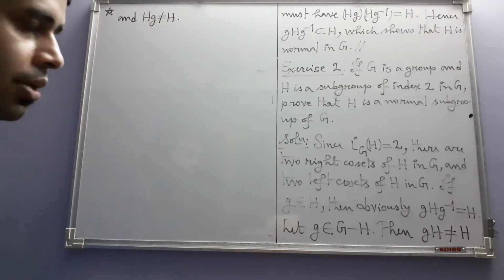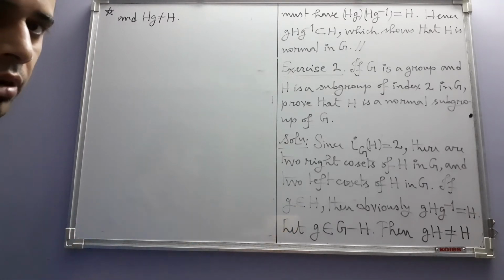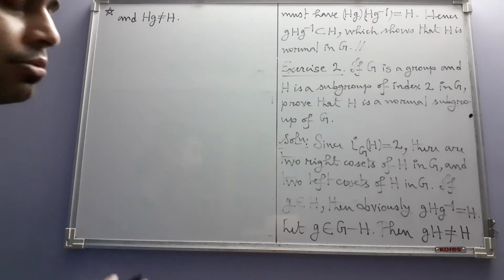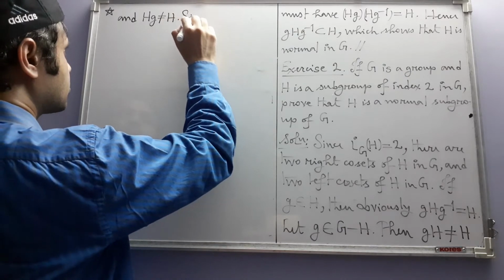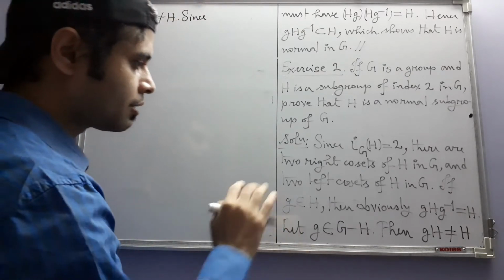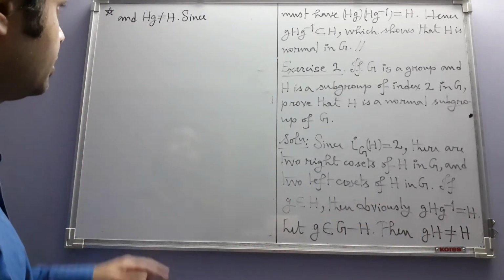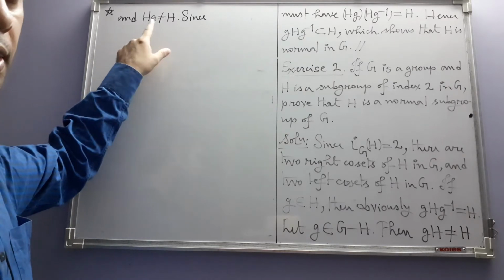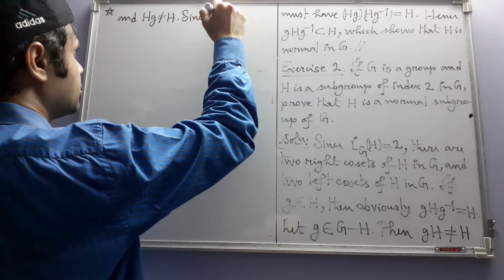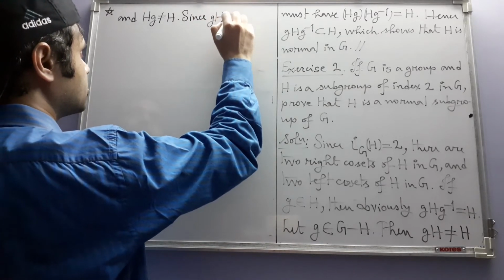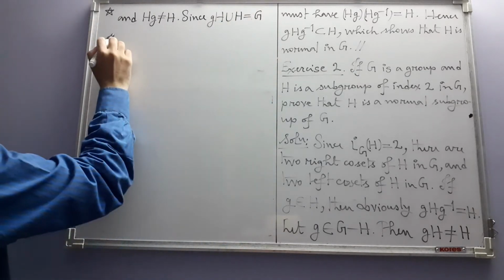Okay, now it is given that there are two right cosets of H in G and two left cosets of H in G, and in fact we have found them already. One of the left cosets is gH and the other left coset is H. Like that, one of the right cosets is Hg and the other right coset is H. If you take the union of the left cosets, you get the group itself.